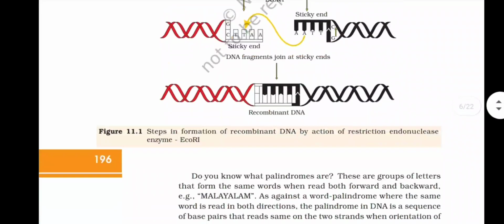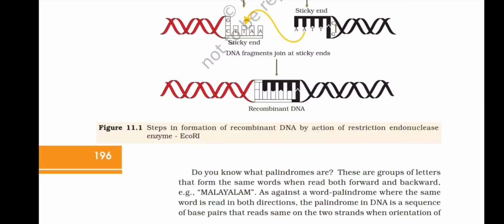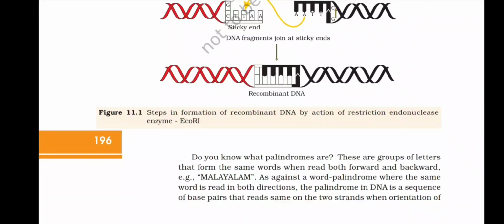In the last figure, you can see the recombinant DNA, the modified gene, here. Recombinant DNA is basically the new, modified DNA we get by isolating separate genes, the suitable traits we need from an organism, and putting them into the host body. The new organism is then called a new organism.